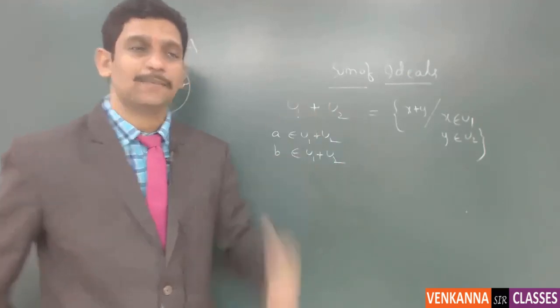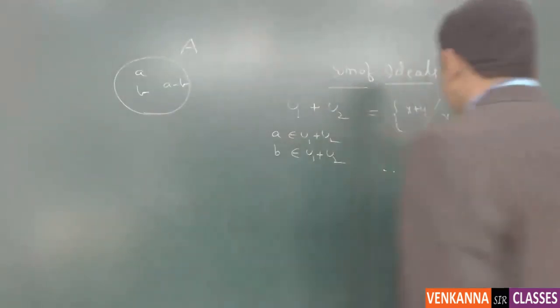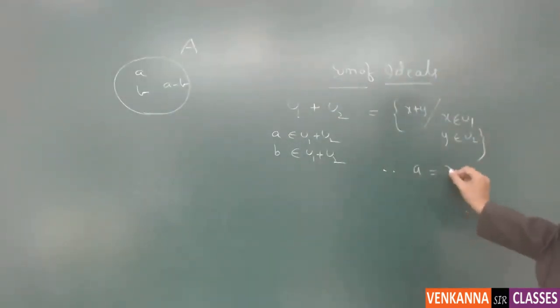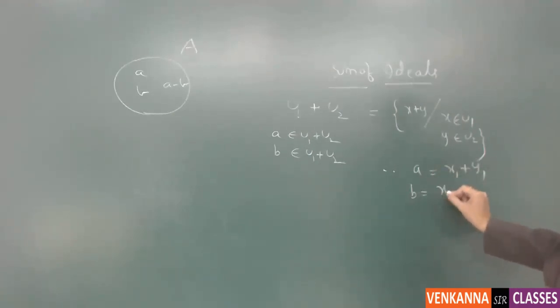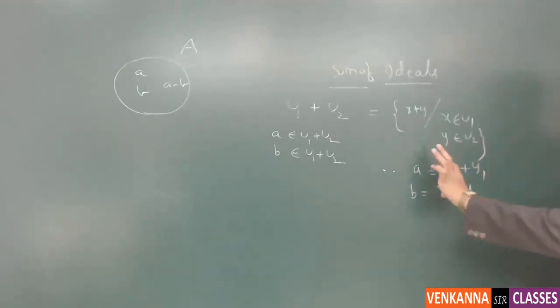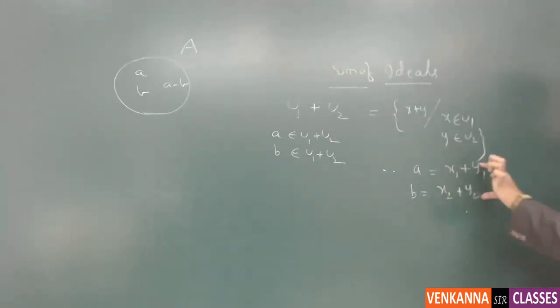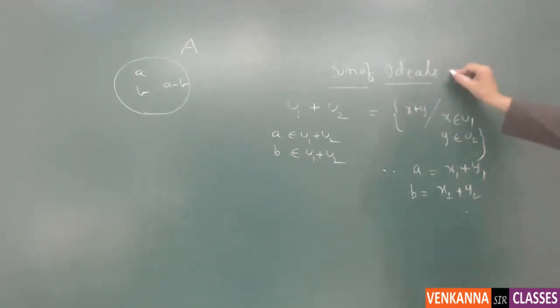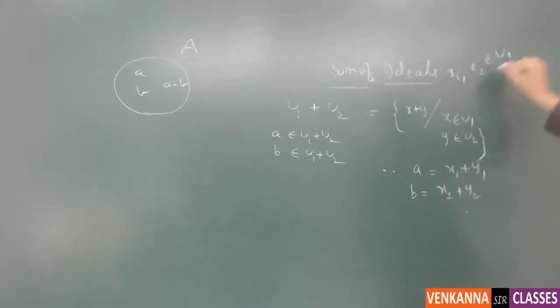Therefore a is equal to x1 plus y1, b is equal to x2 plus y2, where x1, x2 belong to the first ideal and y1, y2 belong to the second ideal.